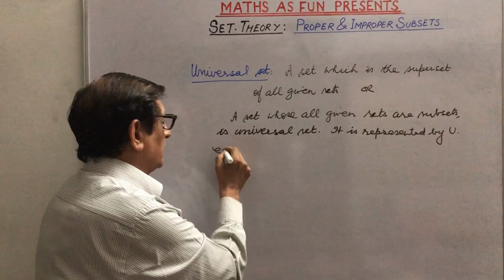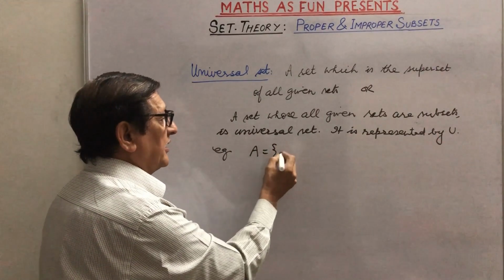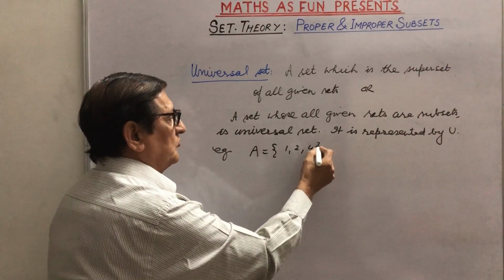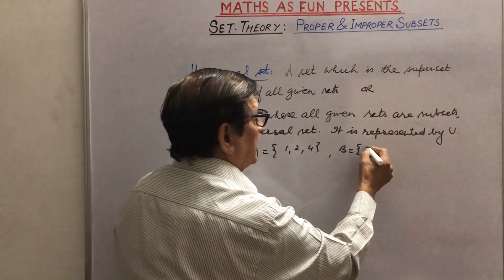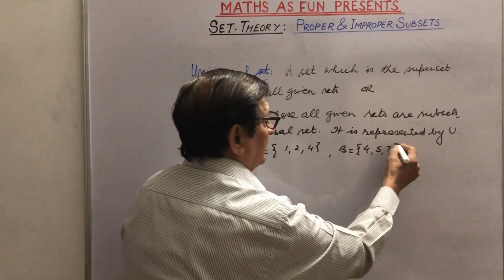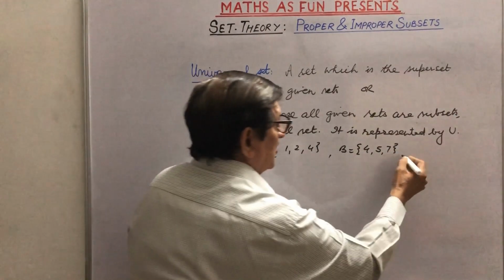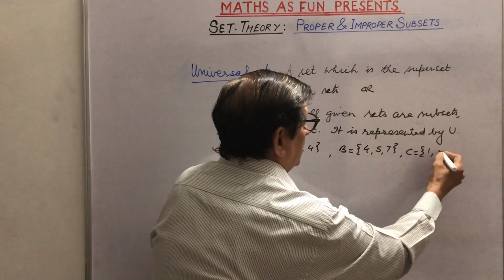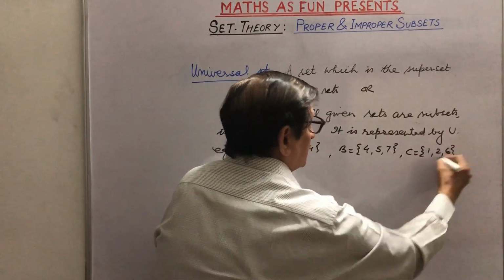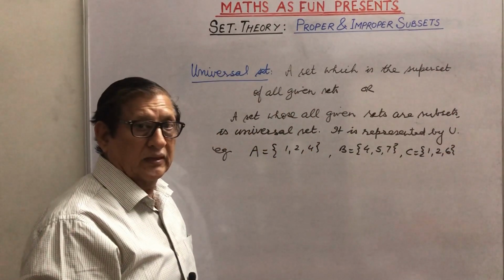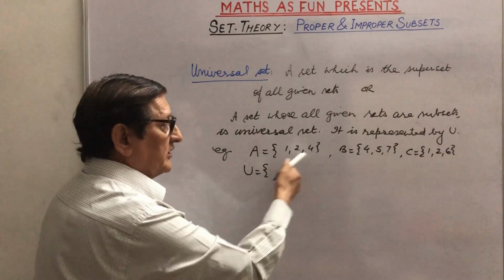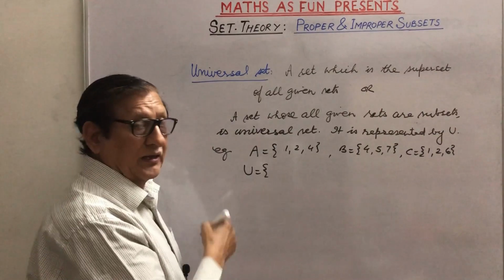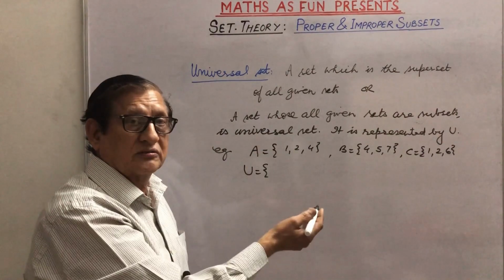For example, suppose we have a set A having the elements 1, 2, 4. Another set B in which the elements are 4, 5, 7. And we have one more set C in which the elements are 1, 2, 6. Then a set U containing all these elements at least, maybe more than that.